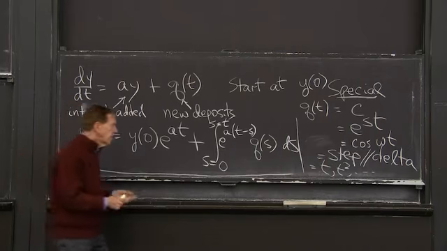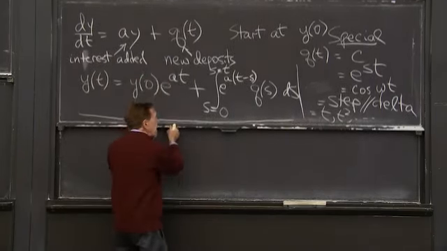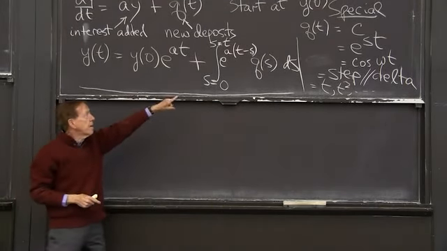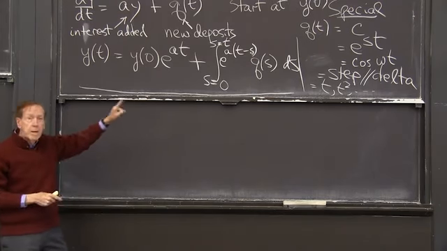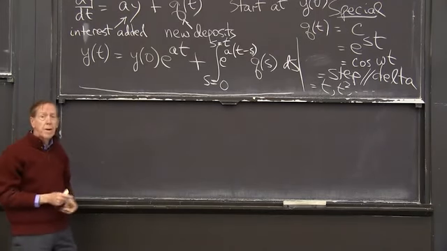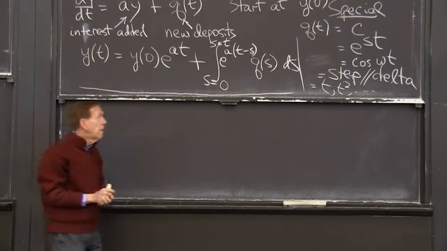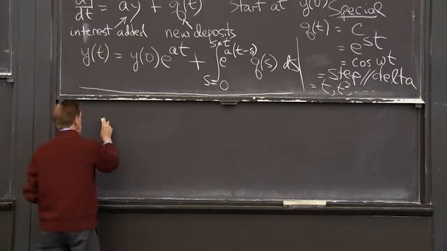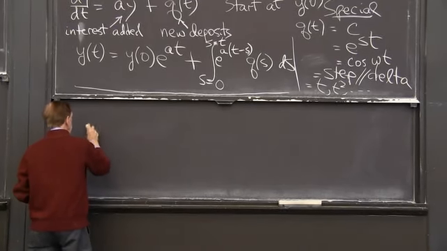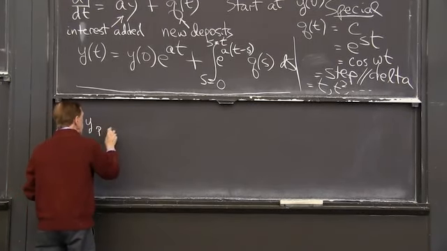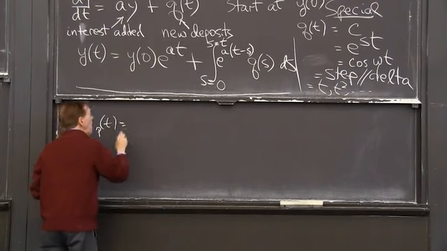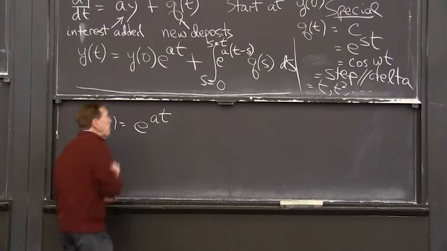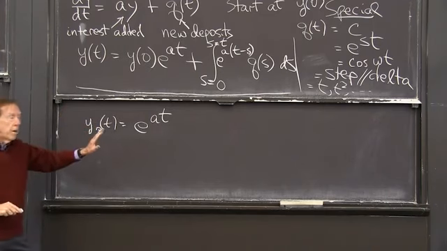But I can check that it's correct. So let me check that it's correct. This part I can see is correct. So I'd like to work with that one and show that that is a particular solution to the differential equation. I'm looking now at this y particular, and I'll factor out the e to the at, because it doesn't depend on s.